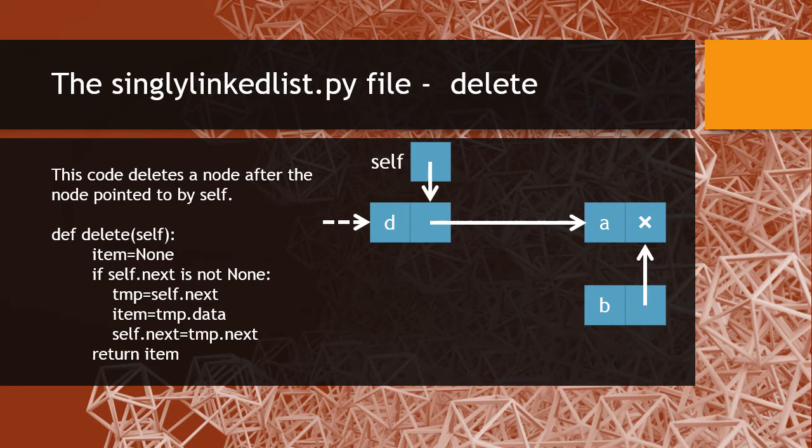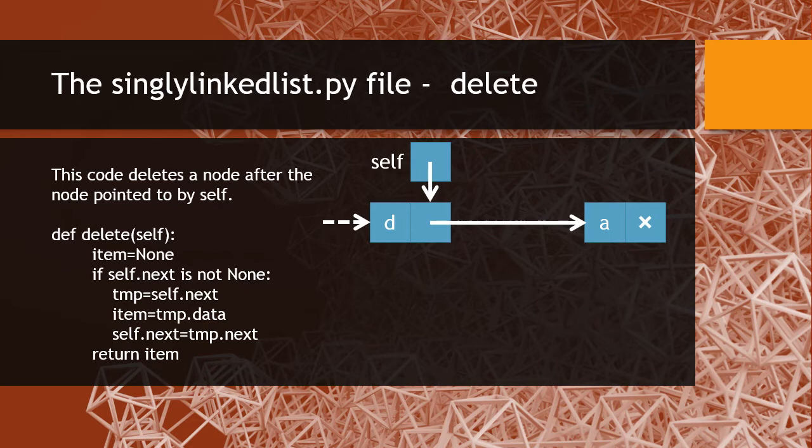If nobody points to a node, you can never get to that node. So that node ceases to exist. There is a garbage collector in the Python interpreter, and when it sees that nobody points to a particular node, it deletes that node, or the node perishes. So this is what happens.